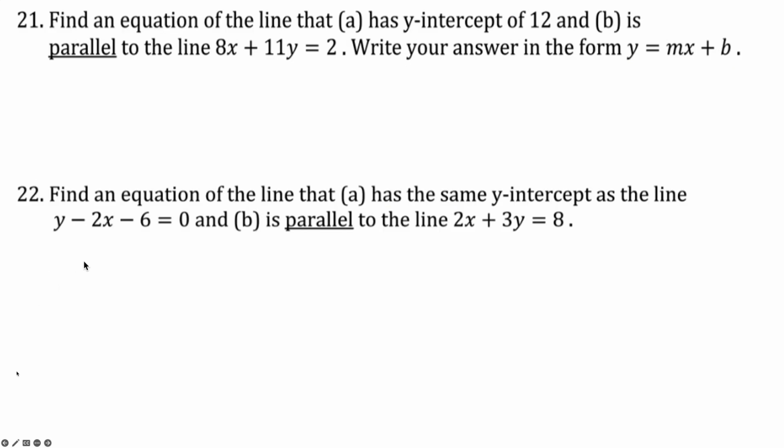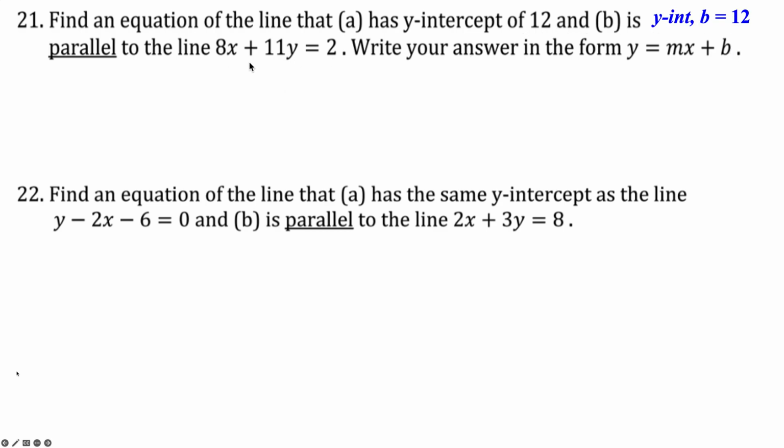21, find the equation of a line that has a y-intercept of 12, and b is parallel to the line 8x plus 11y equals 2. Okay, here's that standard form of the equation, and if you want to be parallel to this line, you have to have the same slope as this line. Now, they gave us the y-intercept, so that means b is 12.